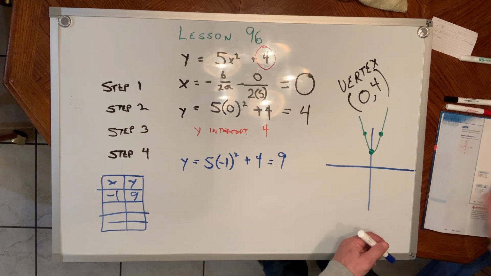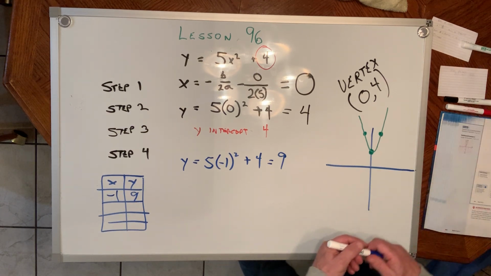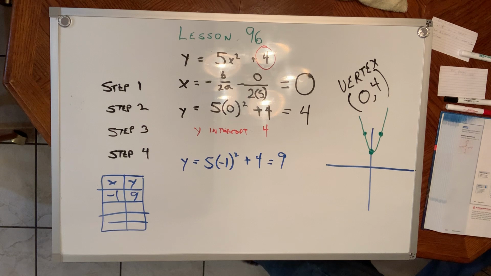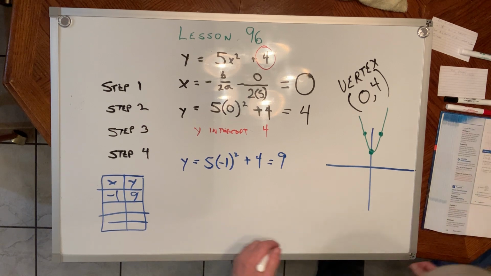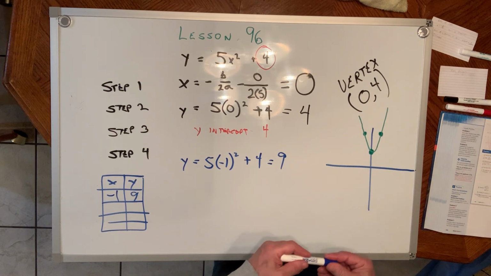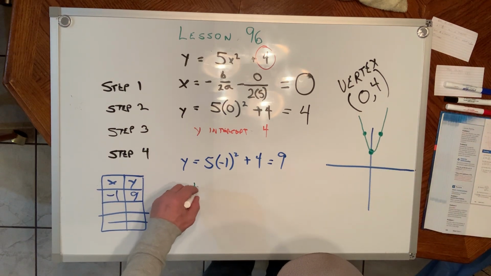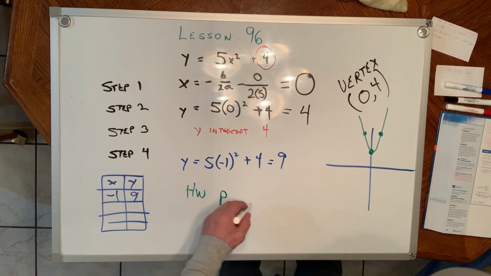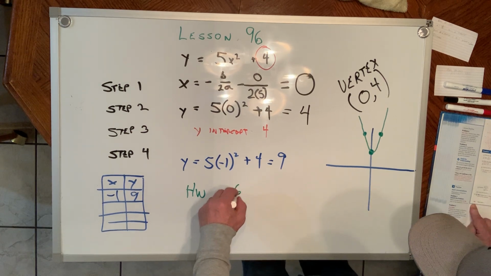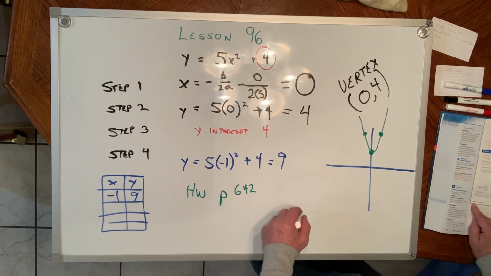All right, while I have you here, before you take off, let me give you the homework. What color should I use? Should we use green? Let's use green for homework. Homework, page 642.